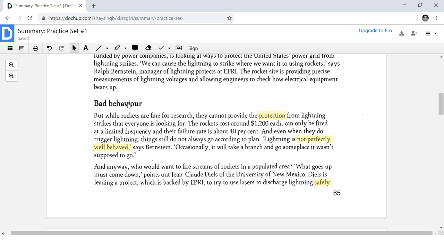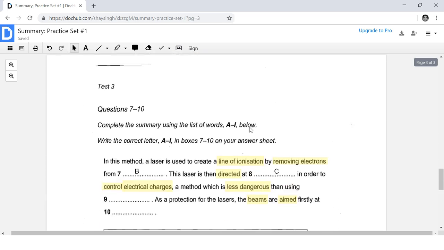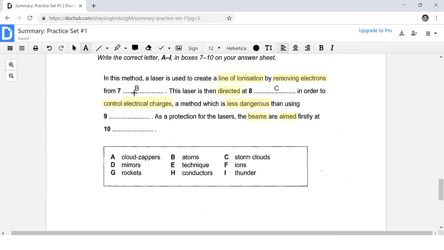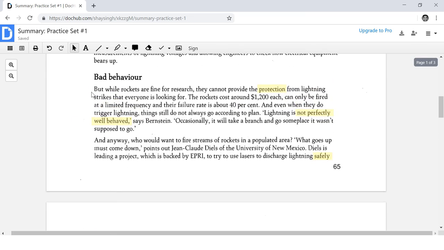So they're saying rockets are fine for research, but they are less safe. Or in other words, they are more dangerous. That is synonym language. So the answer here to question number 9 is going to be G, rockets. So question number 9, we found the answer to that right over here.